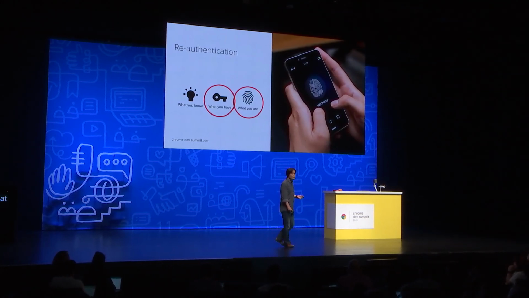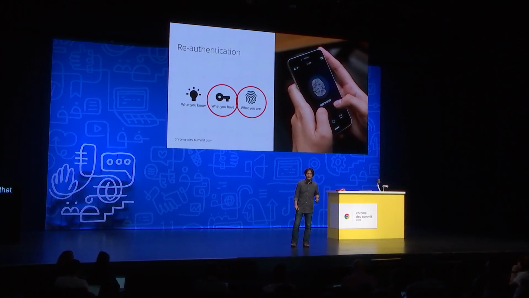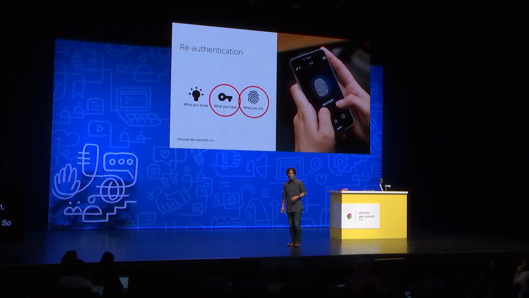So the second use case of WebAuthn is re-authentication. Re-authentication is a user experience where a user is already signed in, but gets a request to authenticate again when they come back to the website after the session is expired, or when a sensitive operation, such as changing a password or making a payment, is being performed.